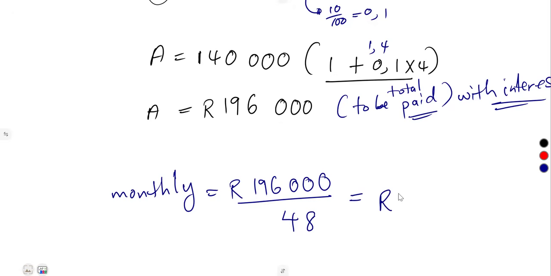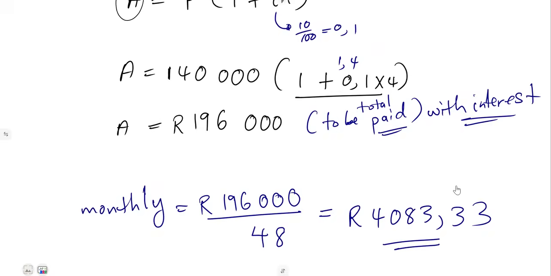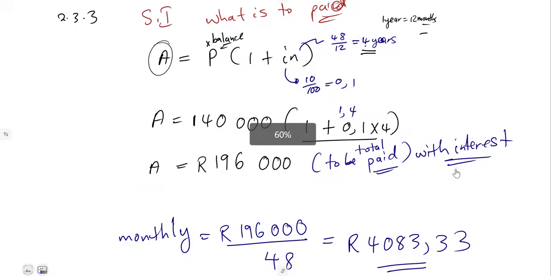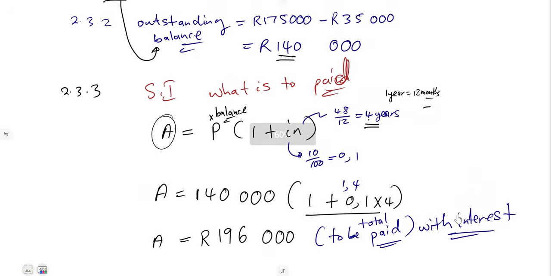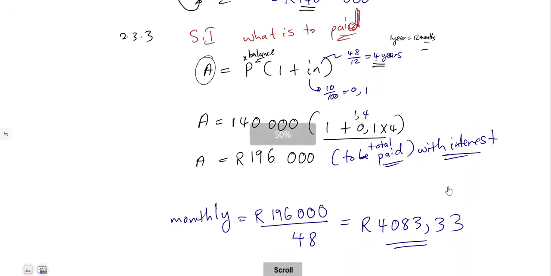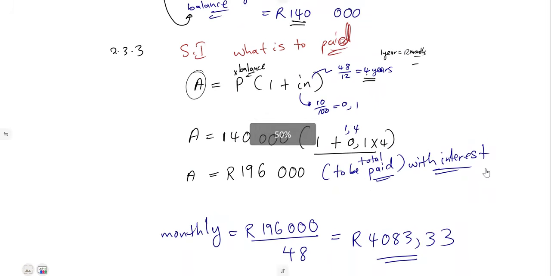So in each month, I was going to pay 4,083.33 rand each and every month in order for him to own the car that is being paid in 4 years. That is how you play around these questions.